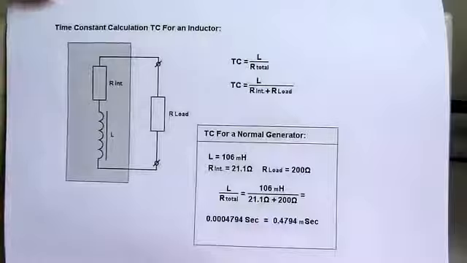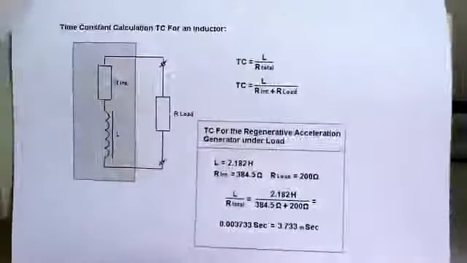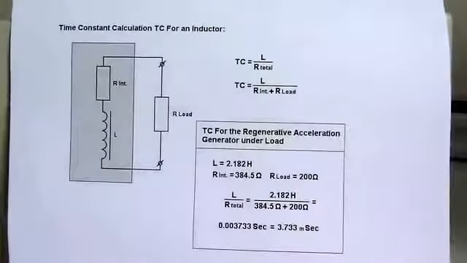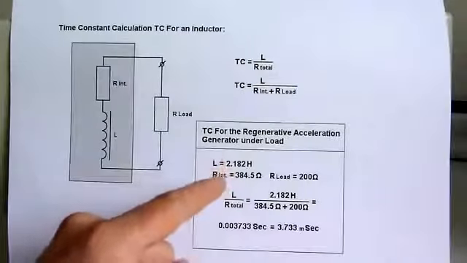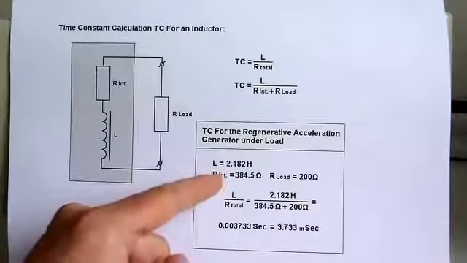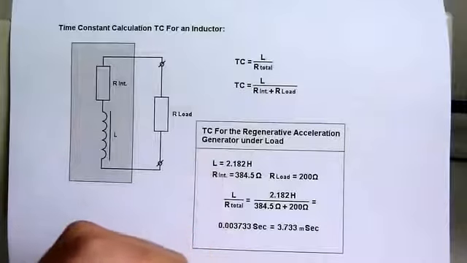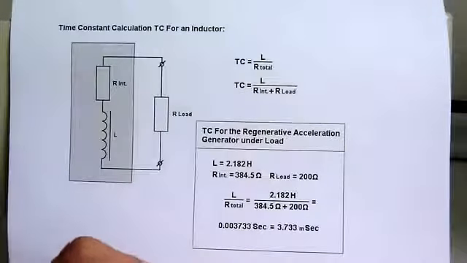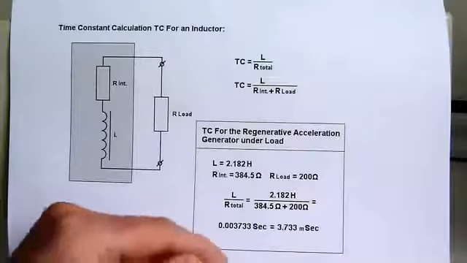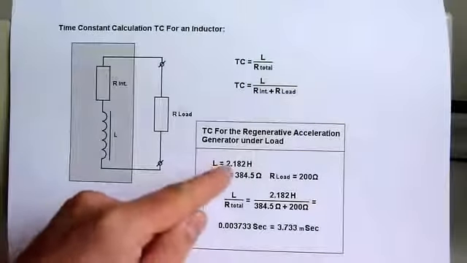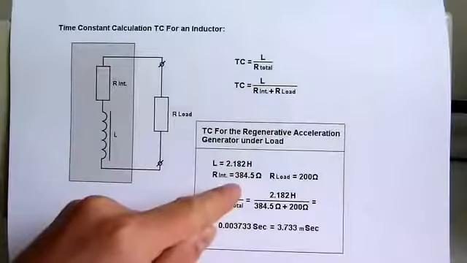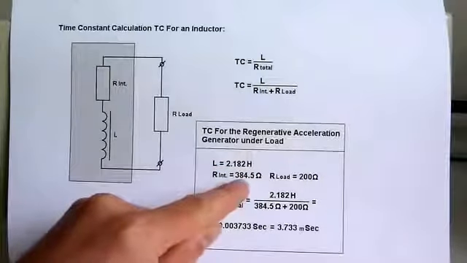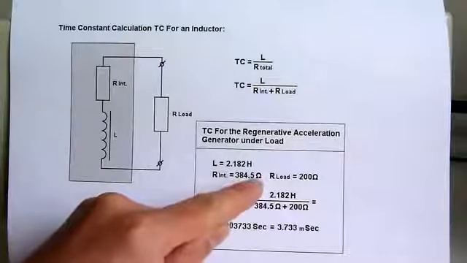Now let's do the same for the regenerative acceleration generator example. For those two values, I've used exactly the same values as in my earlier regenerative acceleration generator replication video. So it is 2.182 henries, and my generator coil has an internal resistance of 384.5 ohms.